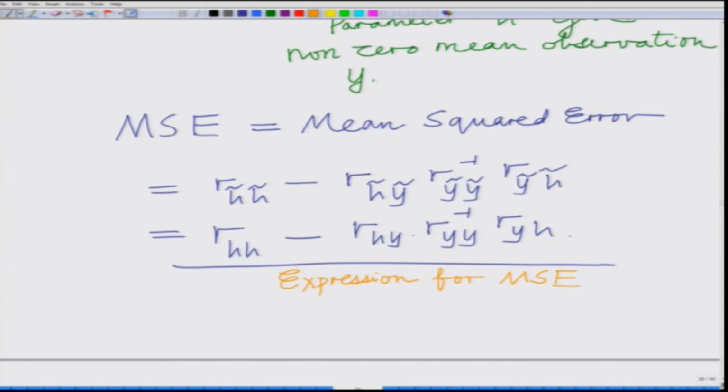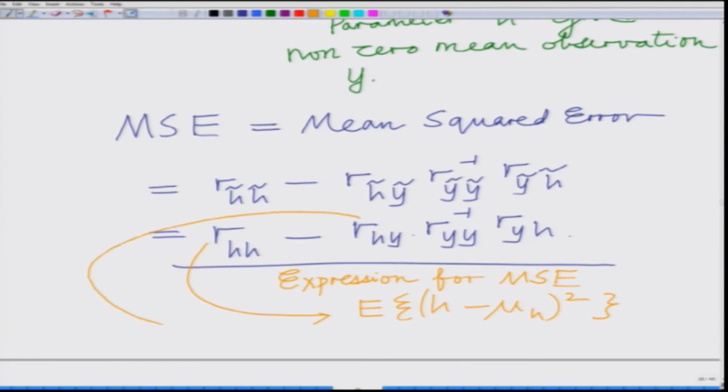However, now remember R H H, R H Y, these quantities are defined slightly differently. Remember R H H is not expected value of h square, but rather expected value of h minus mu h whole square.